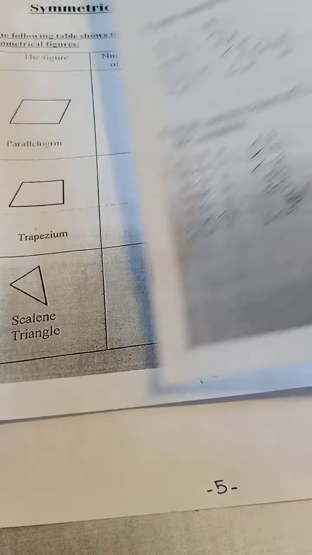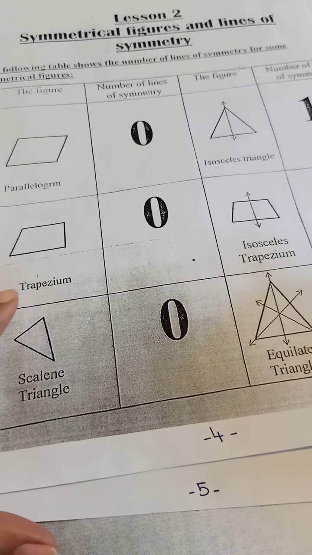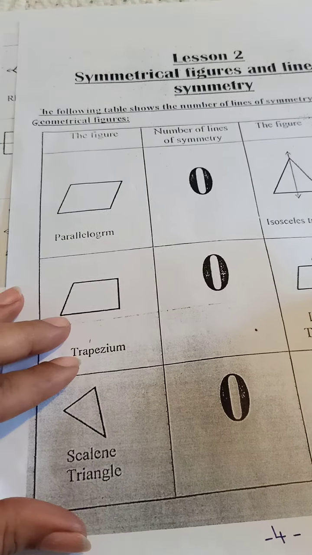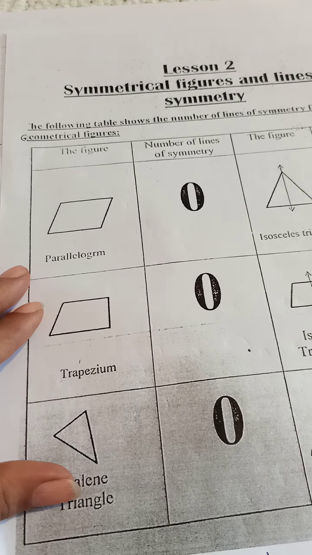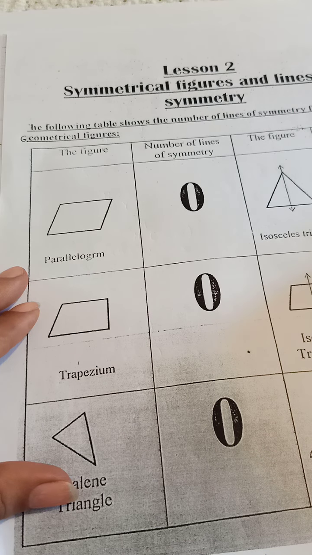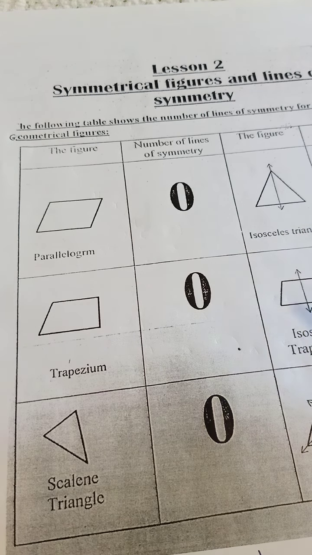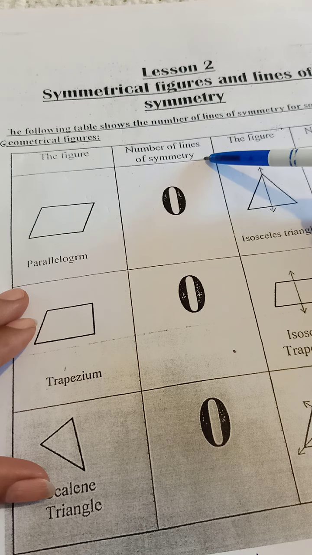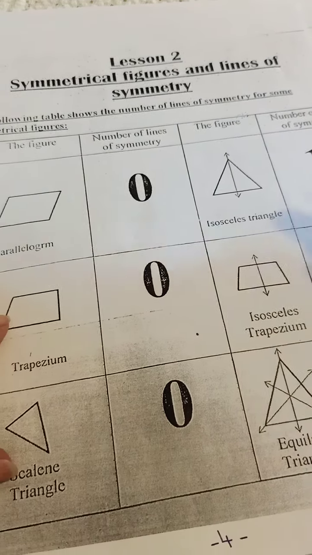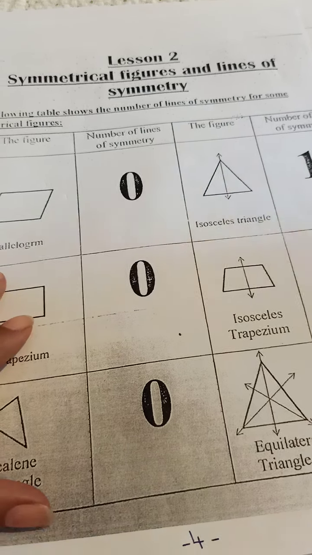Okay, let's start the second lesson, the symmetrical figures and lines of symmetry. The following table shows the number of lines of symmetry for some geometrical figures. Here I have the figures and the number of lines of symmetry, and here also the figures and the number of lines of symmetry.